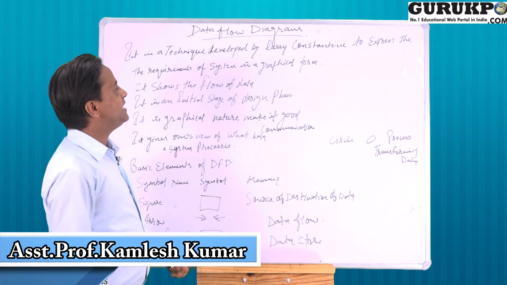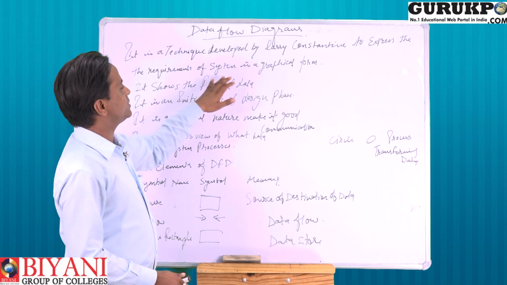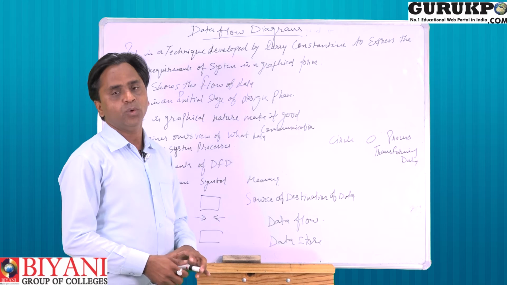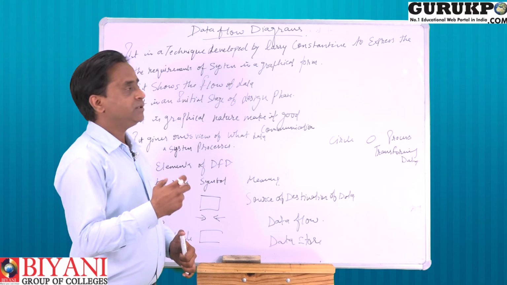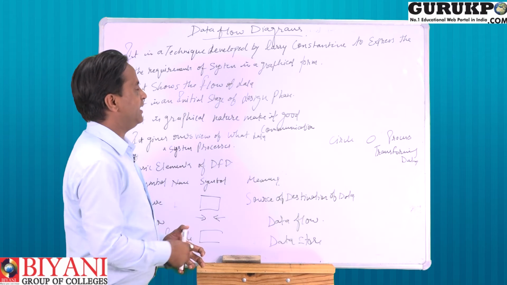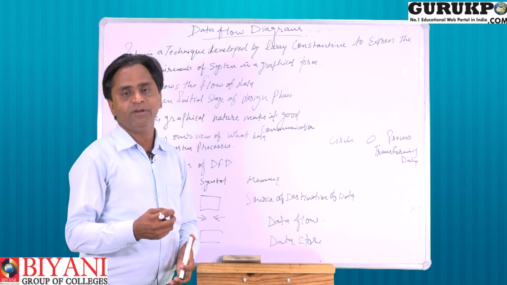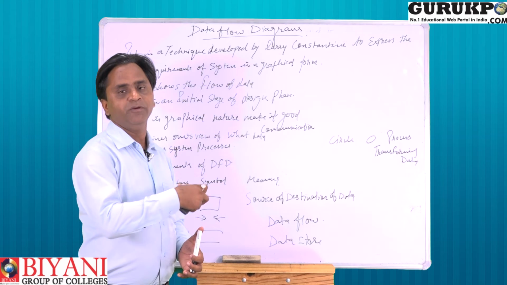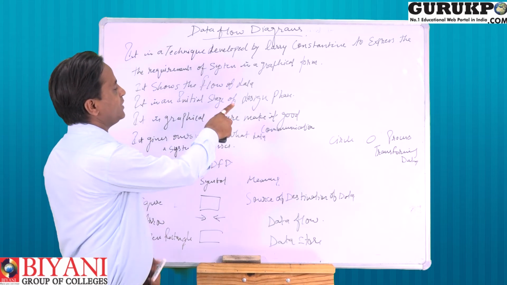It is a technique developed by Larry Constantine to express the requirements of a system in a graphical form. Those requirements are expressed by the user in a graphical way. It shows the flow of data, how data will work and how data will flow. It is an initial stage of the designing phase.